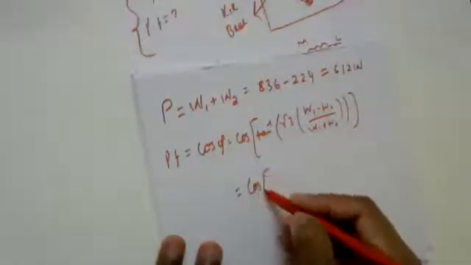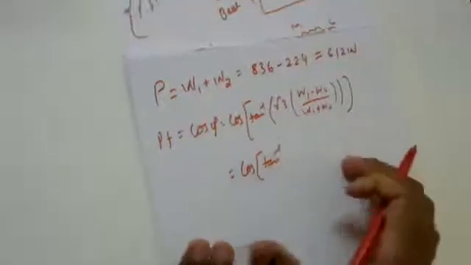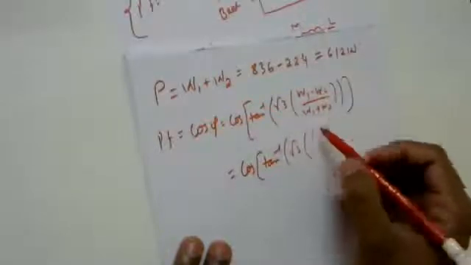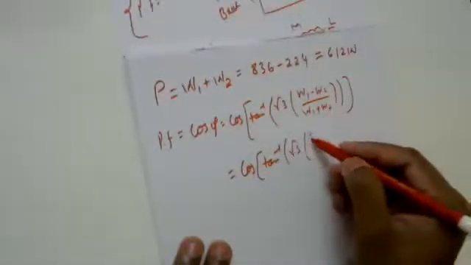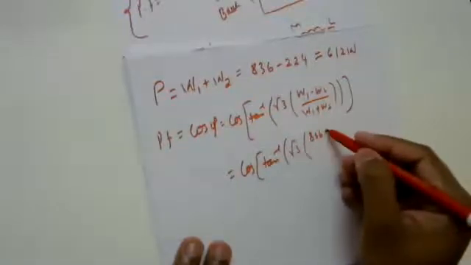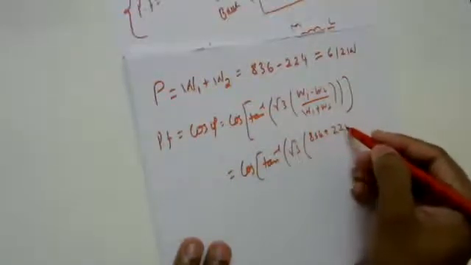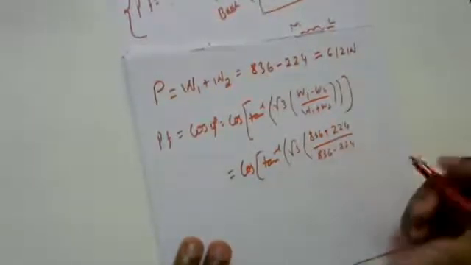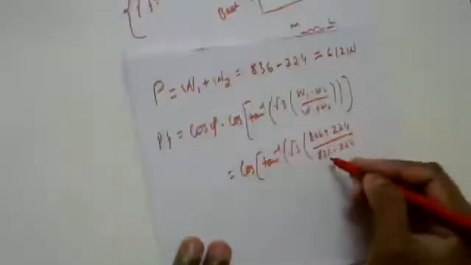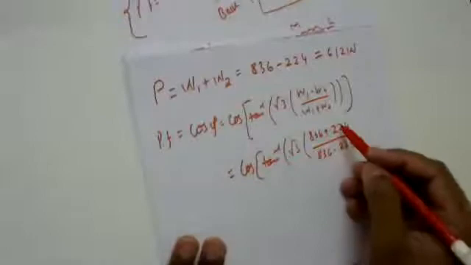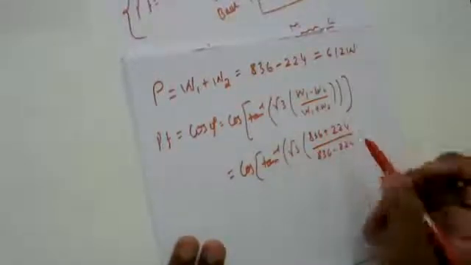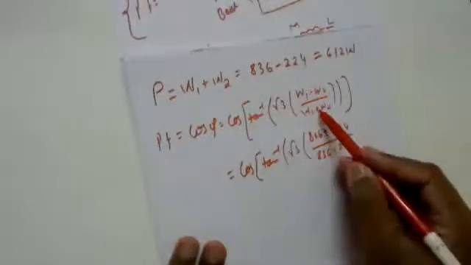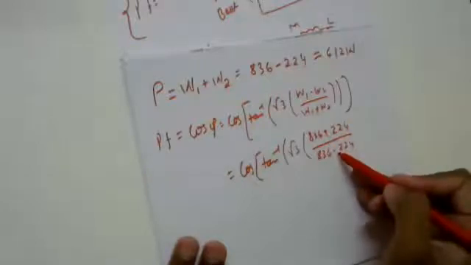I can write it in terms of the readings only: 836 minus, which becomes plus, 224, divided by 836 minus 224. Don't feel sir has written it wrong, with W1 minus W2 in the numerator and W1 plus W2 in the denominator. Since W2 is negative, minus of minus becomes plus, and positive into negative will be negative.